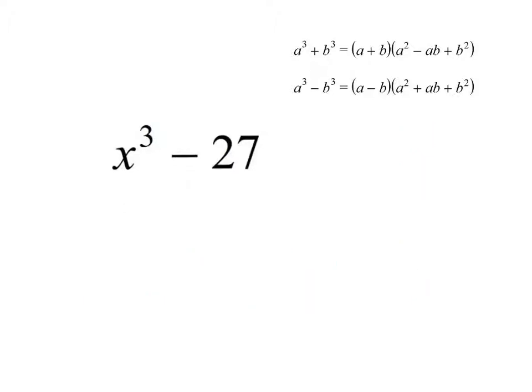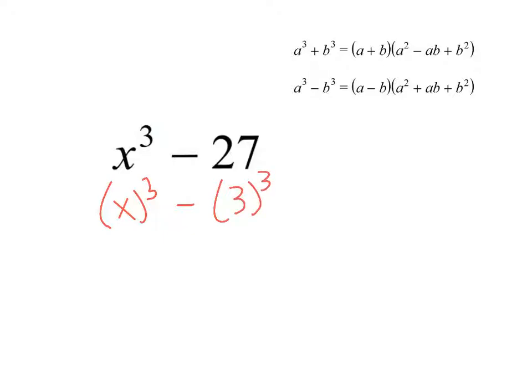Here is the next example. So as usual, our goal is to write this as x cubed. Now, what number are you going to cube to get 27? Well, of course, the number will be 3 because 3 cubed is 27. So it's 3 cubed.